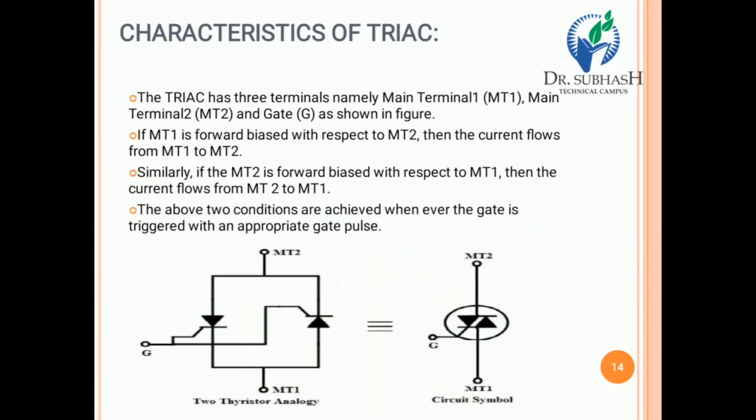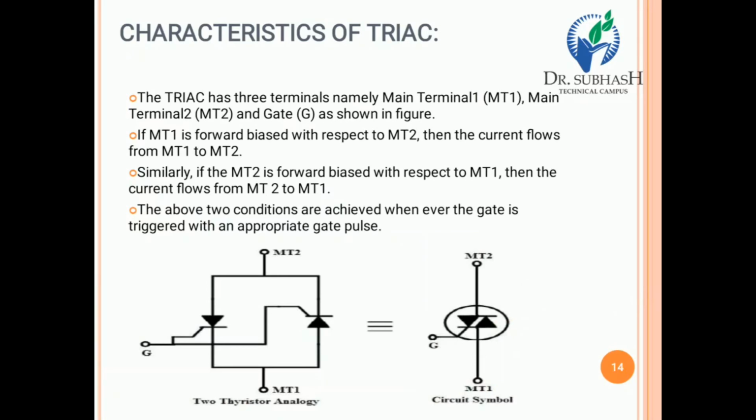Now the characteristic of the triac: the triac has 3 terminals, namely main terminal 1, main terminal 2 and gate, as shown in the figure, right? If MT1 is forward biased with respect to MT2, then current flows from MT1 to MT2. Similarly, if MT2 is forward biased with respect to MT1, then current can flow from MT2 to MT1.